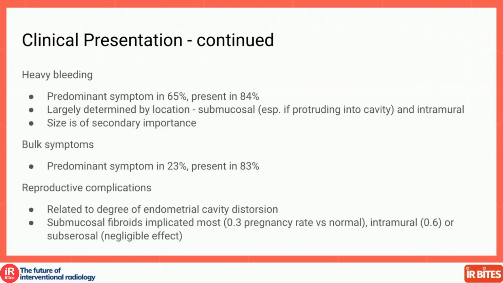The main reason it causes this is because it distorts the endometrial cavity, and so implantation is affected. It's usually submucosal fibroids that are implicated most. Intramural a little bit, but the subserosal fibroids don't really have much of an effect on the pregnancy rate if you look at the data. So it's thought to be because of the physical distortion that it causes infertility.